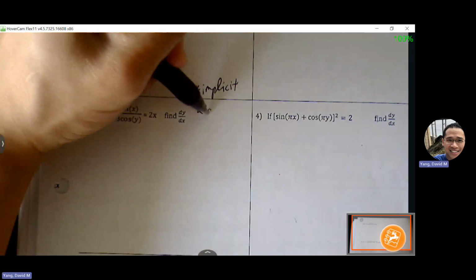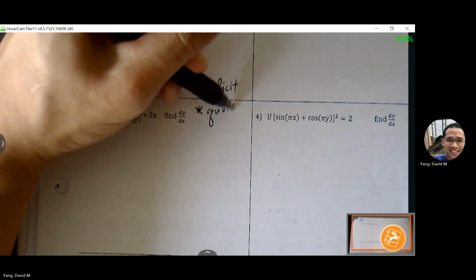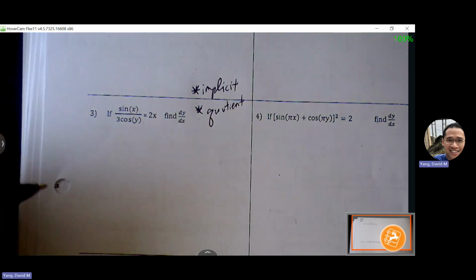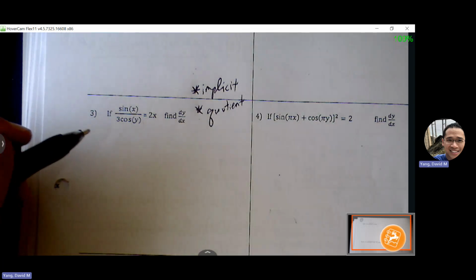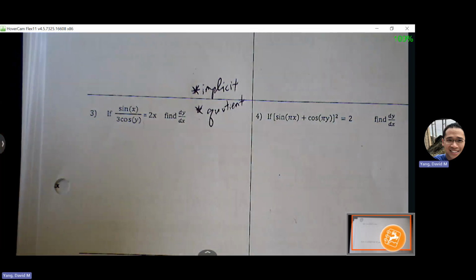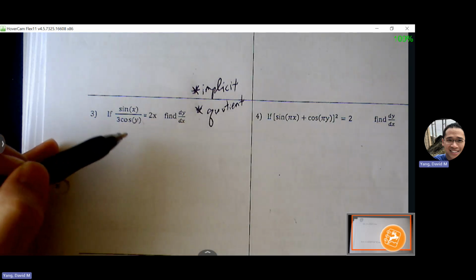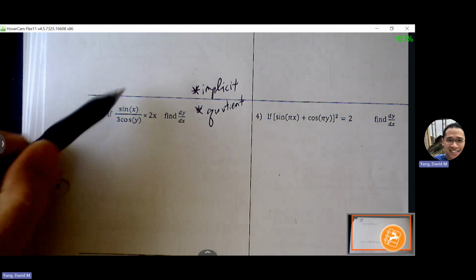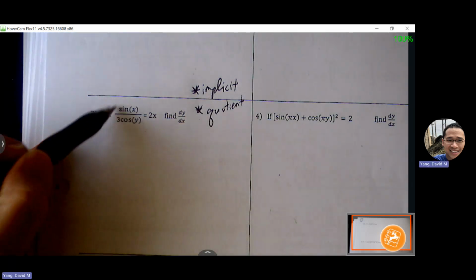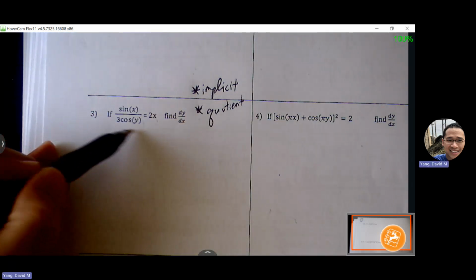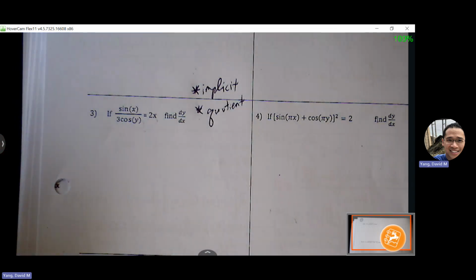Quotient rule. Another option that you can do is cross multiply and go through product rule. But on my key, I went through quotient rule. So what I did was I went through quotient rule, and then I cross multiply, and then I solve for dy dx. How many dy dx will pop up within this derivative? Just one, yeah, only one dy dx.